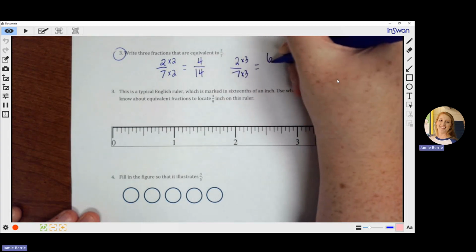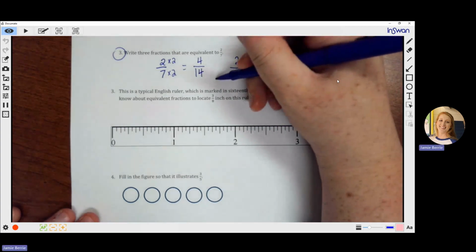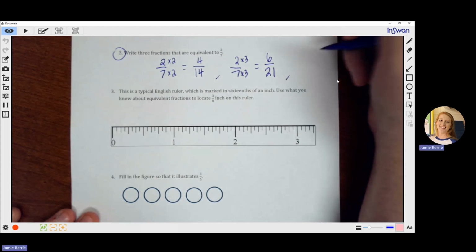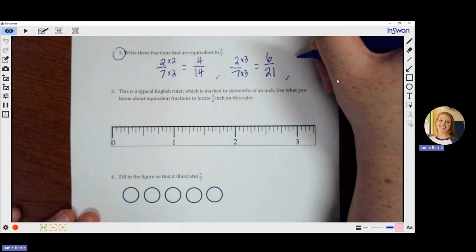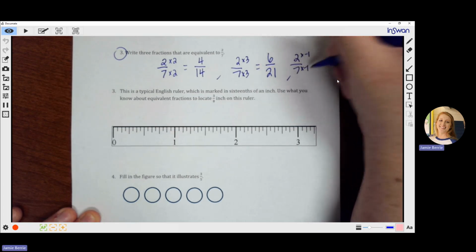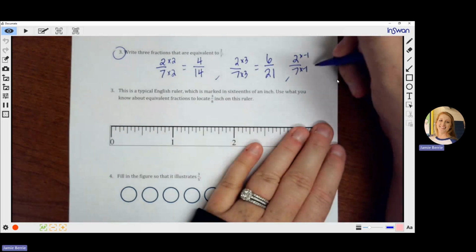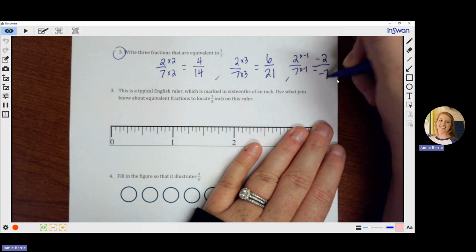Multiply top and bottom by 3, that gives you 6/21. And then I'm going to multiply by something different this time. I'll multiply by maybe -1. 2/7, multiply by -1 on the top and the bottom. That gives me -2/-7.